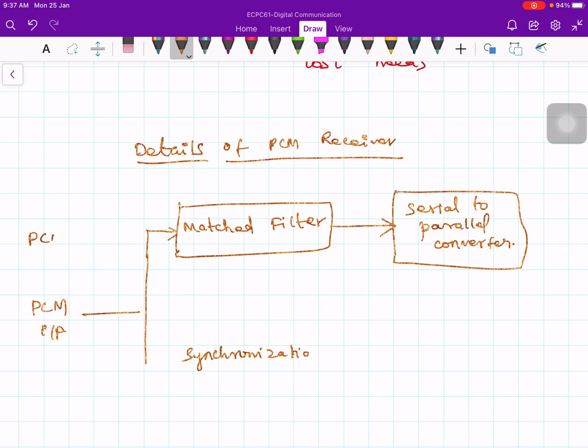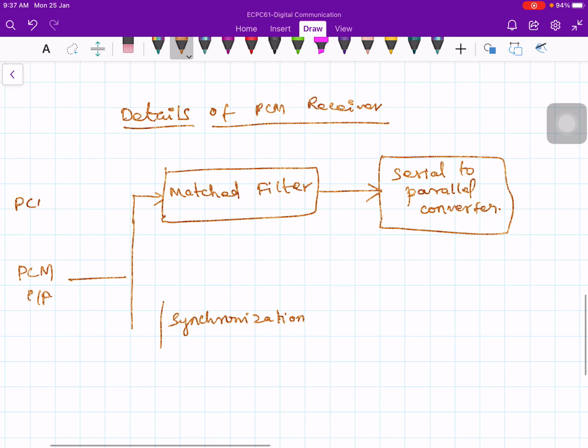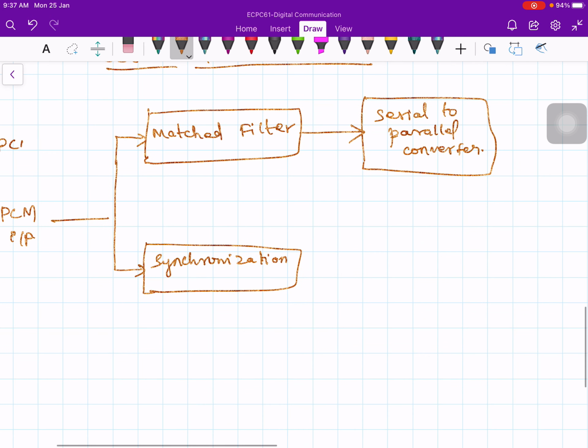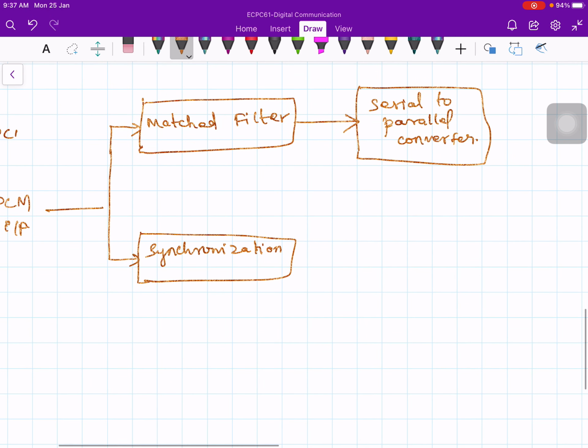Let me draw this diagram first and then I will explain the operation of each block. And then here it's a resistor network.